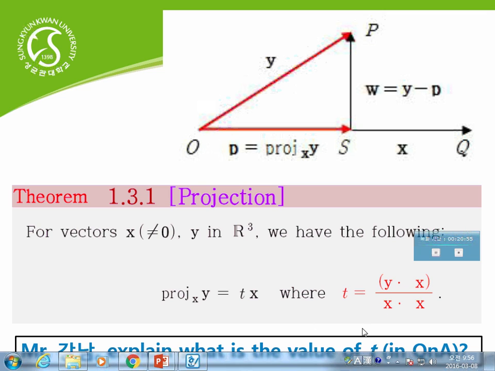We will learn the details two times in this book. Mr. Gangnam, can you explain why this value t should be this? Oh, you are not Gangnam.